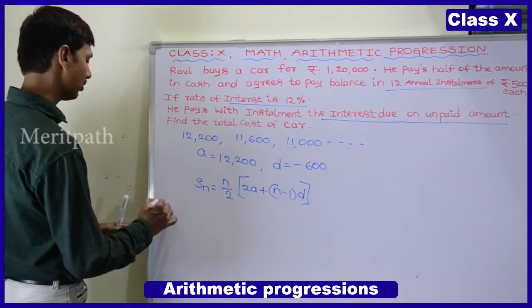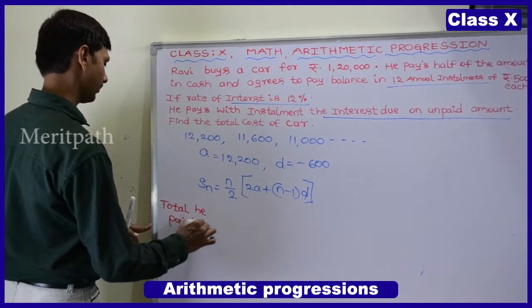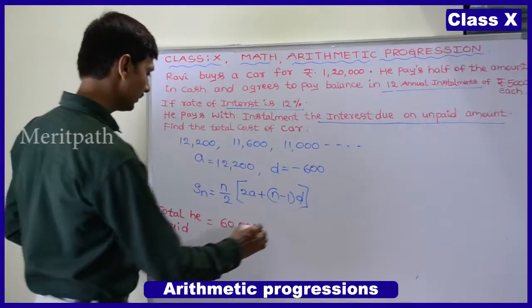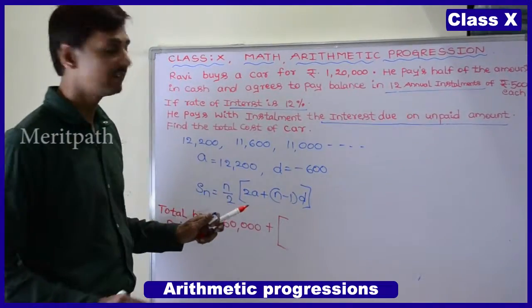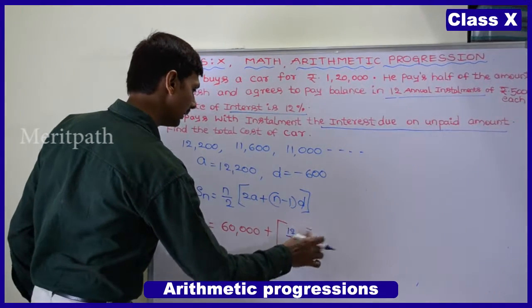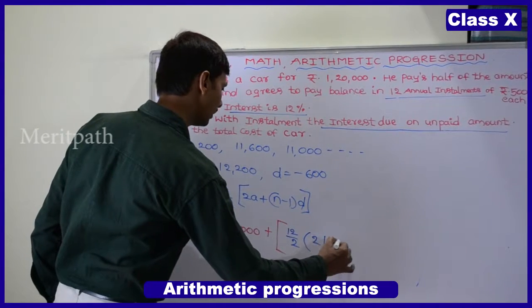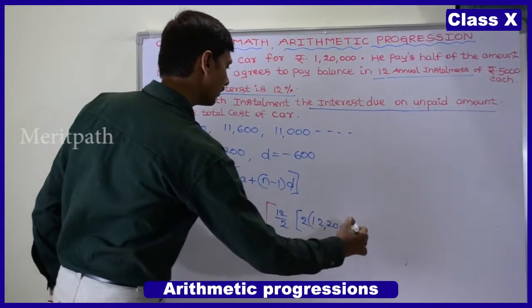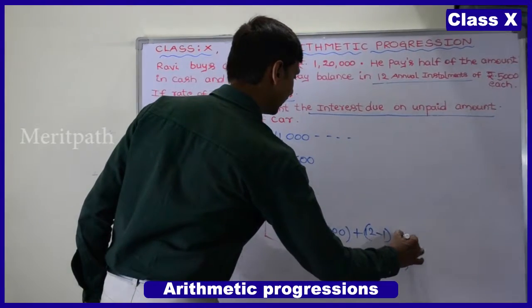The total amount he paid is 60,000, half of the amount he paid, plus the sum of the 12 installments, which is n by 2 into 2a plus n minus 1 into d, that is 12 by 2 into 2a. The value of a is 12,200 plus n minus 1, that is 12 minus 1, into d, which is minus 600.